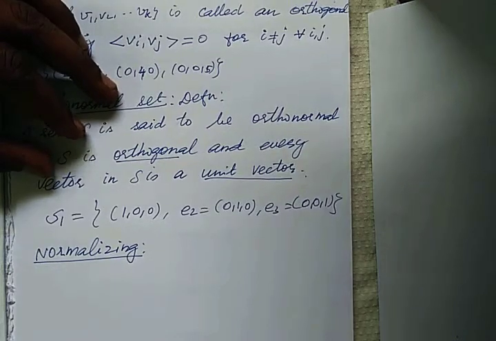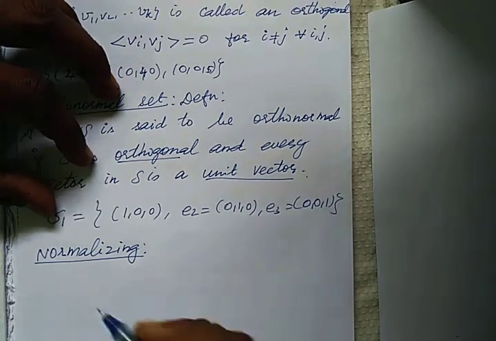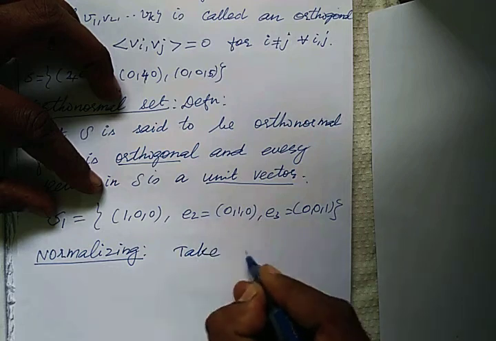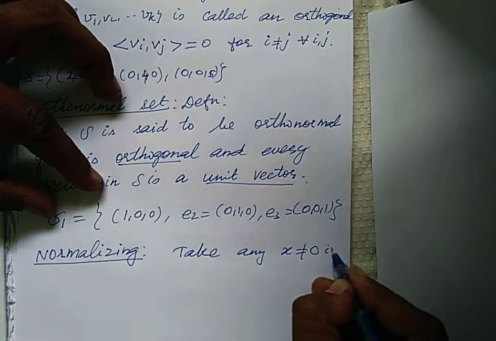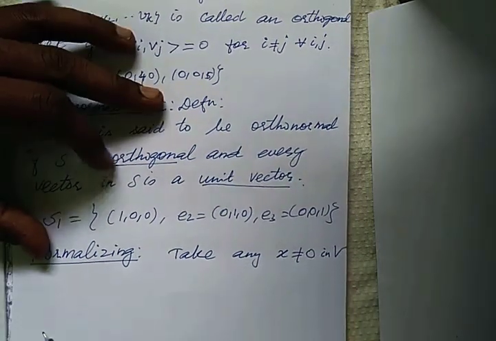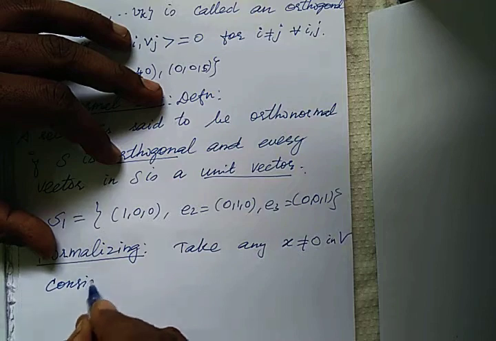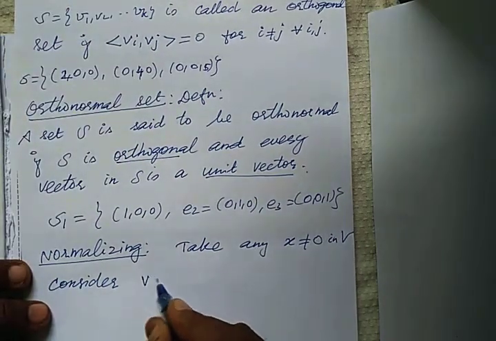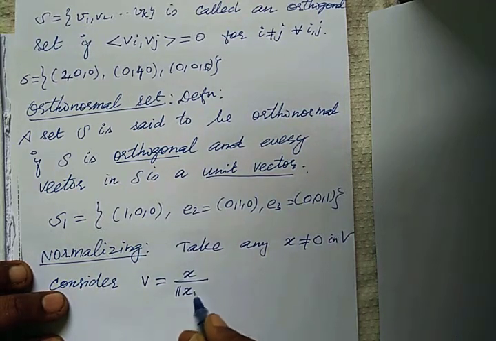Suppose a vector is not a unit vector. For example, we can take any non-zero vector x in the vector space V. Consider v equal to x by norm x.